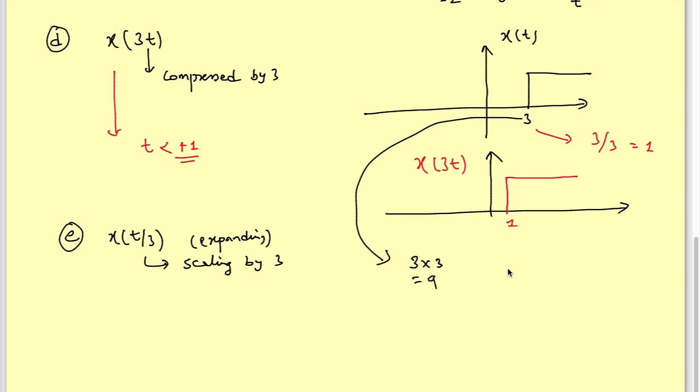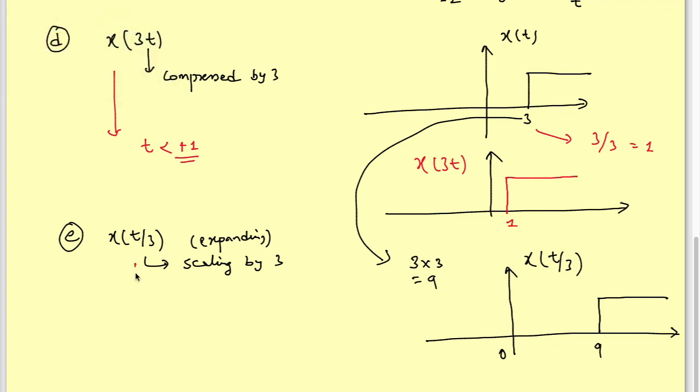So the signal will look something like this. This is 0. This is x of t by 3. So this signal is 0 for t less than 9.